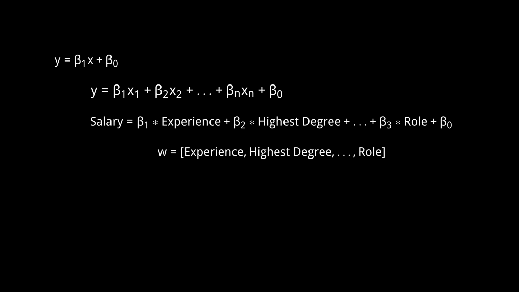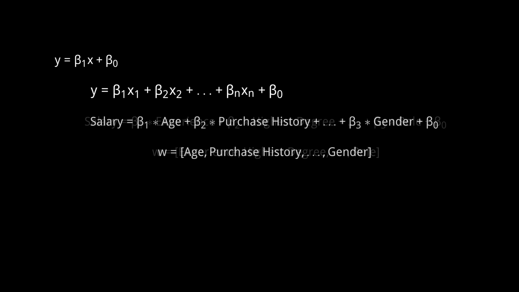Let's see a few more examples. Suppose you run an e-commerce company that has collected the data of its customers, such as age, purchase history of a customer, gender, and company, and want to find the relationship between these different independent variables and the dependent variable. You can use a multivariate linear regression model to explain or forecast observations.